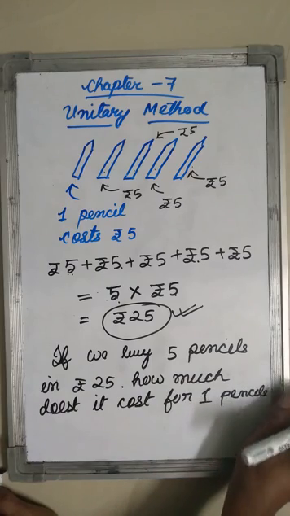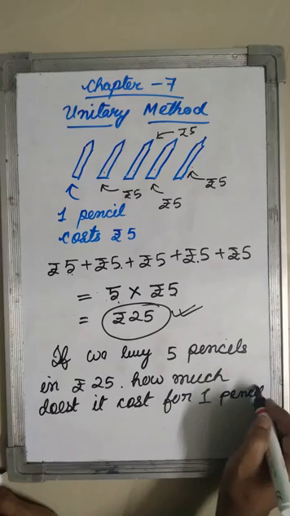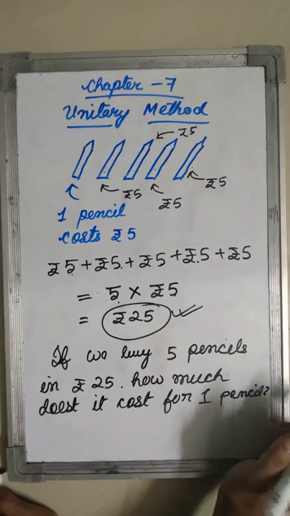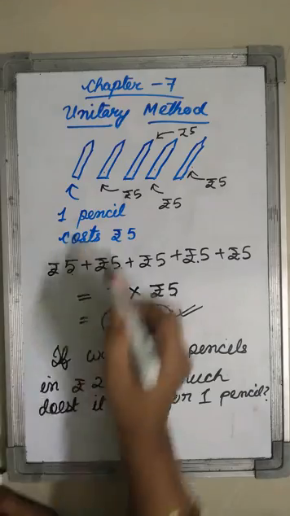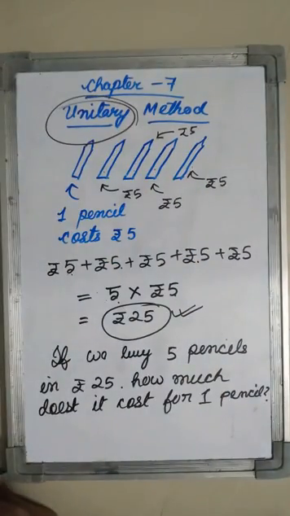It means if 5 pencils cost 25 rupees, same kind of pencil, what will be the price of one pencil? So it is unitary, that means the method of ones. We have to find the price of one pencil.